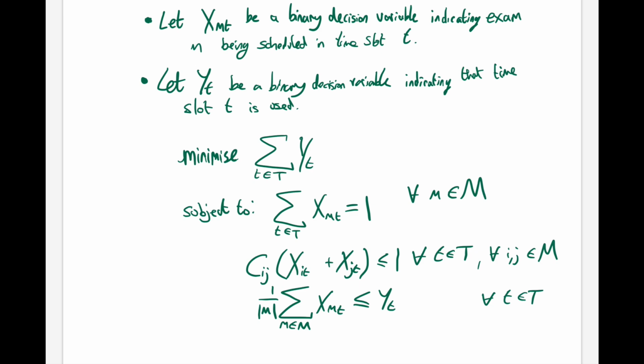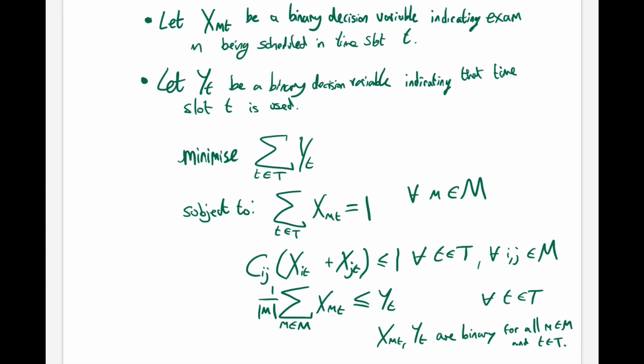But if the proportion of modules scheduled at time t is anything above 0, then yt is forced to be 1. And finally, we have that xmt and yt are binary for all modules m and time slots t. And this would be the linear programming problem for the exam scheduling problem.